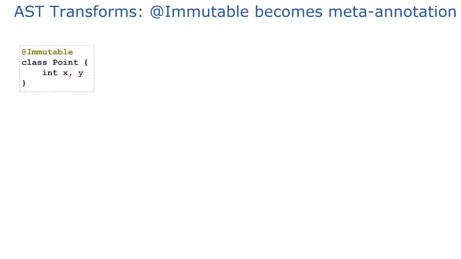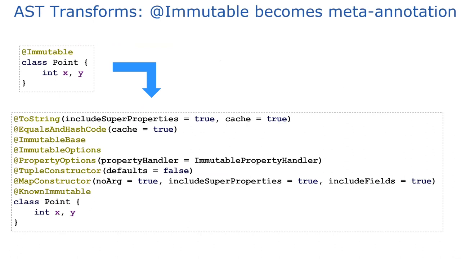So the same principle was done for immutable, but in fact it turns out it's actually split into quite a few different pieces. And again, this allows us to evolve the functionality that's part of immutable in a much more fine-grained way. We were getting lots of feature requests. Oh, can you add this? Can you add that? And immutable was becoming a very bloated piece of functionality. Now it's split up into a lot of fine-grained pieces, and you can override any of those individual pieces.